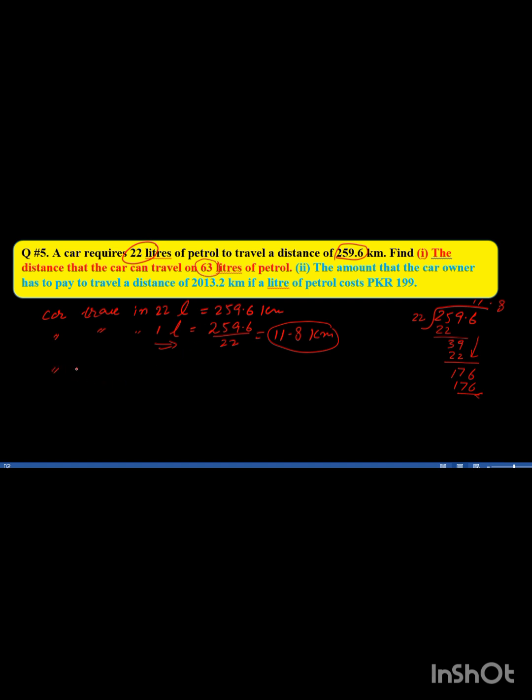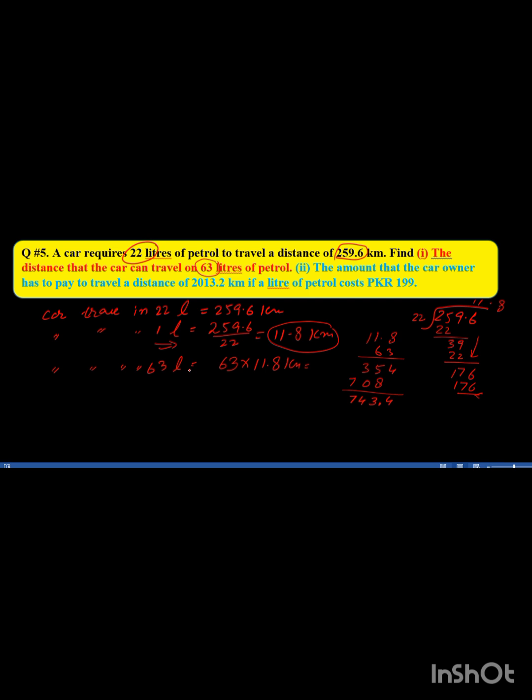So what do we have to do? Now I think you are experts in such questions, because you already did the worked example and practice now, and again it is a similar question, with similar statements, only the values are changed. Means we have to multiply 63 with 11.8 kilometers. 3 8s are 24, 3 1s are 3 and 5, 3 1s are 3, 6 8s are 48, 6 1s are 6, and so on.